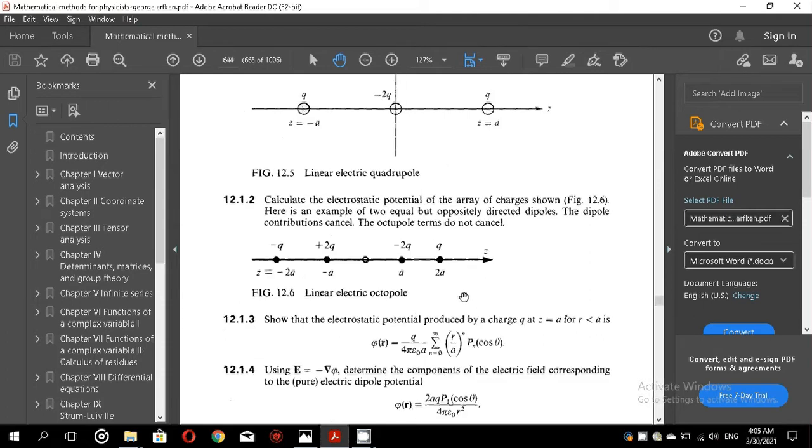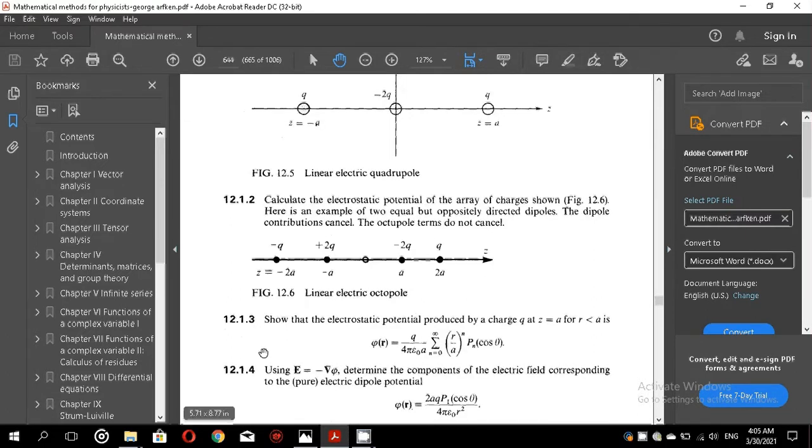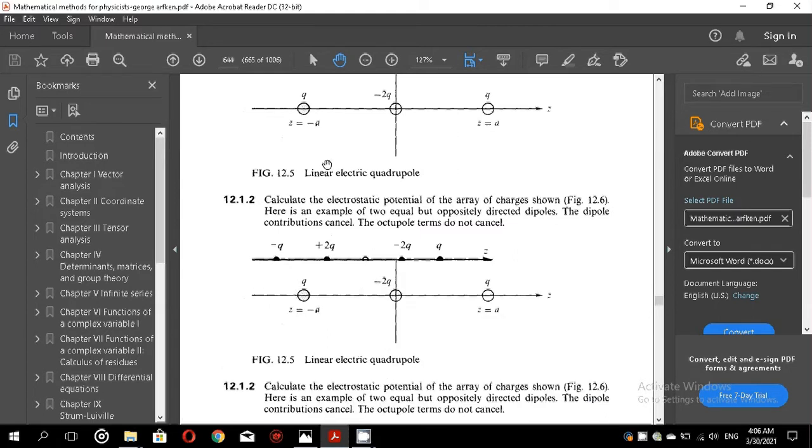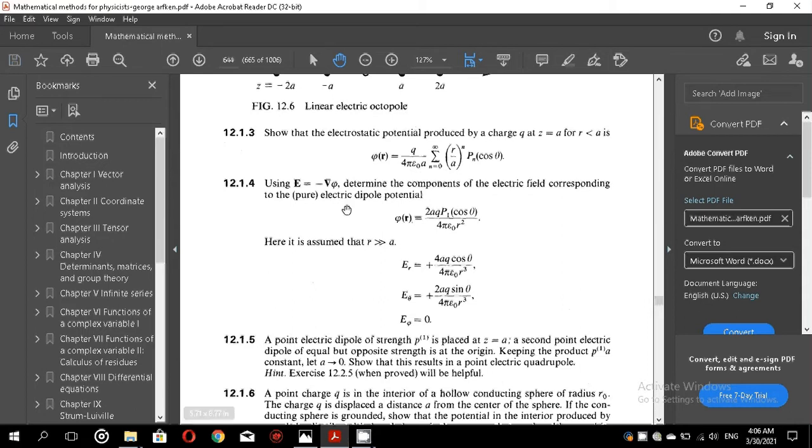I would suggest you solve exercises 12.1.1, 12.1.2, 12.1.3 and 12.1.4 as well. I have done exercise 12.1.1 in the class, and the rest of the 3 exercises must be done, and you can see the solutions of these exercises on various pages of my notes.